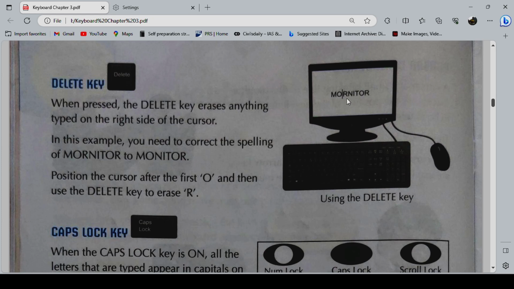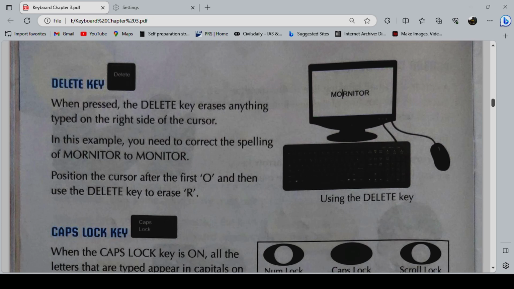Now look, the spelling of the word monitor is wrong here, and we will correct it by pressing the delete key and deleting this R. We'll write this word in our notepad as well. Write the word monitor.